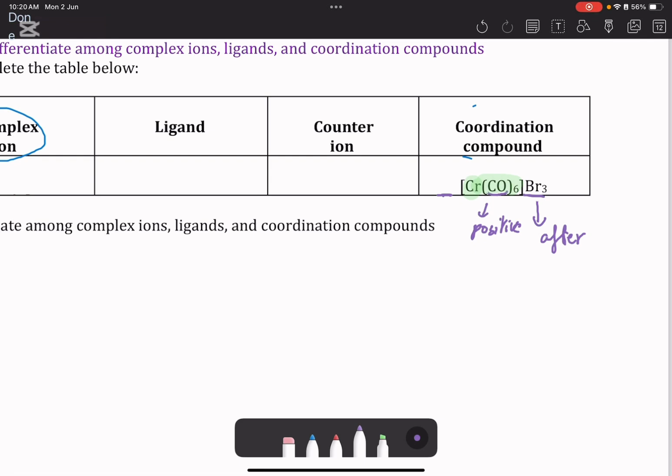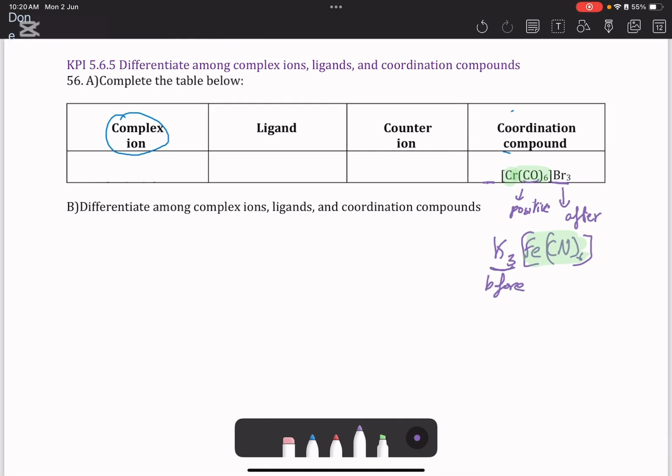Now, if the complex ion is negative, I'm going to give you another example, like K3[Fe(CN)6]. If the complex ion is negative, then the counter ion is placed before. Now, complex ion, here it is [Cr(CO)6].